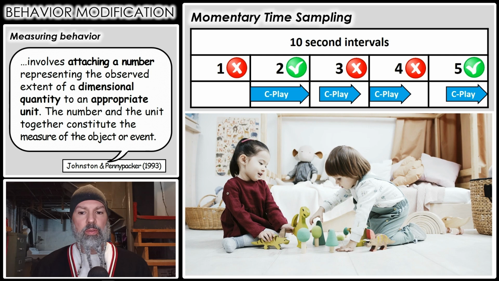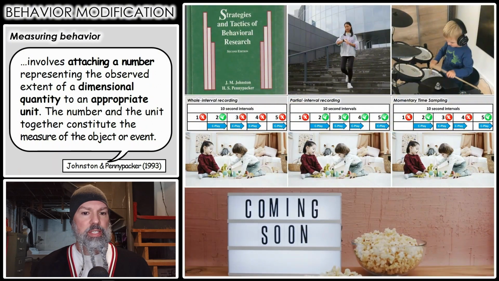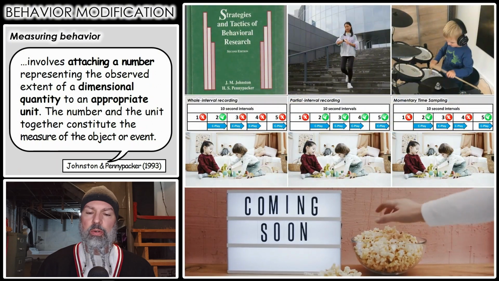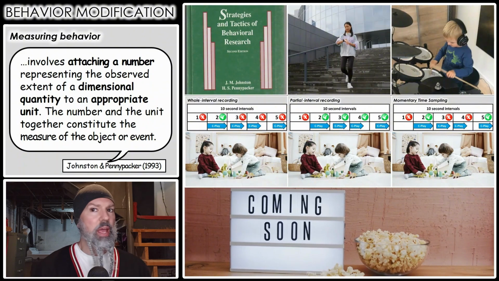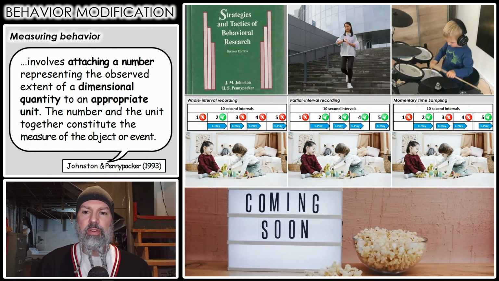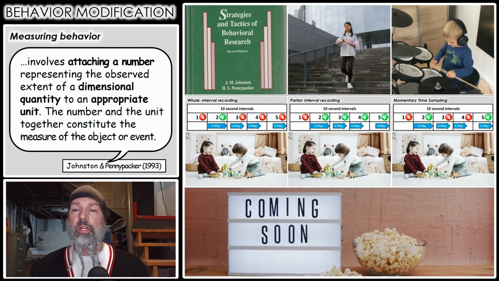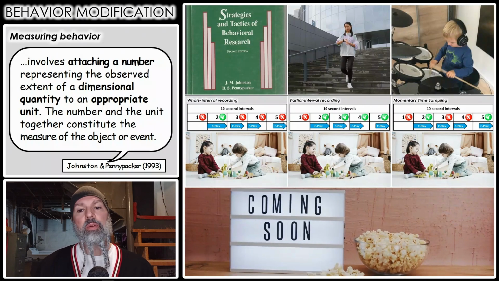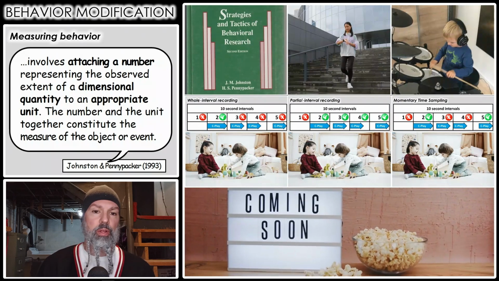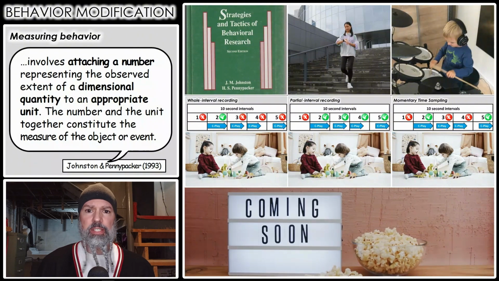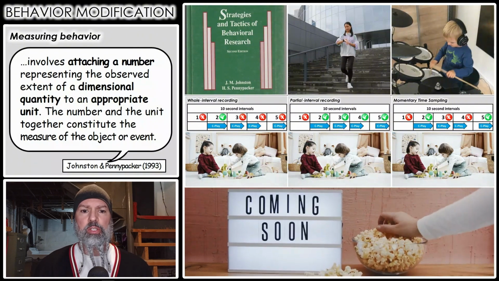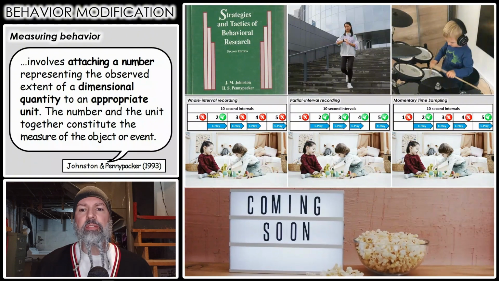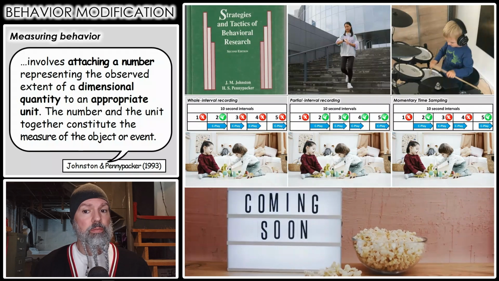All right, so that is it for what I wanted to cover today on time sampling. Today we discussed measuring behavior and some of the challenges in measuring behavior continuously. We took a look at the way to overcome that challenge, which is time sampling, and we talked about whole interval recording, where you split an observation session into multiple intervals, and the behavior has to occur during the whole interval for it to be counted.